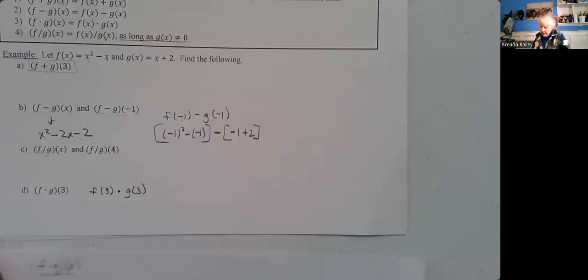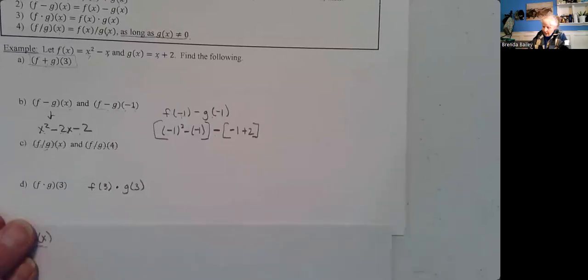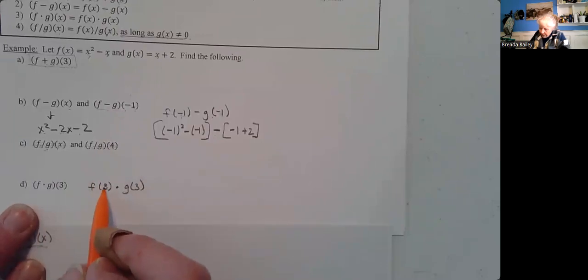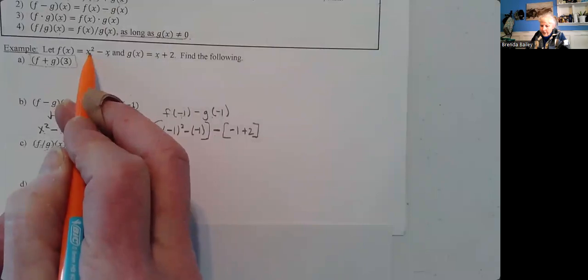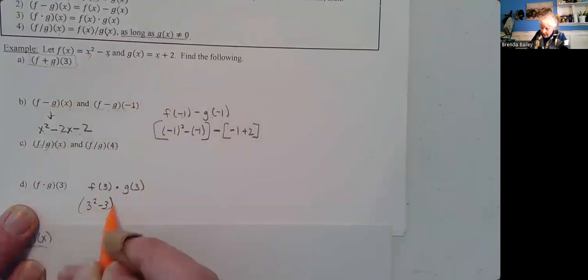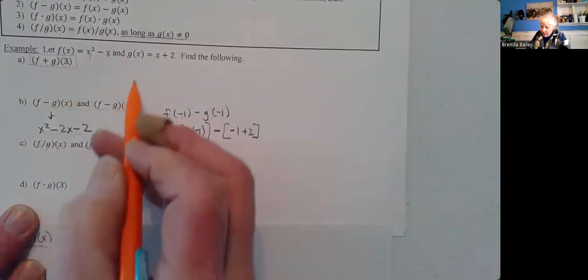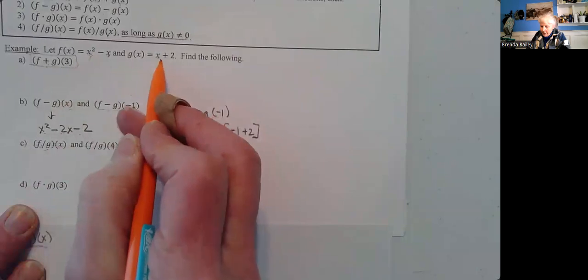What do we get? If you put 3 into the f function, we'd have 3 squared minus 3, times, you put 3 into the g function, 3 plus 2.